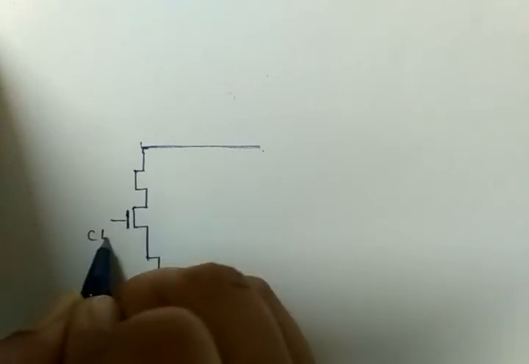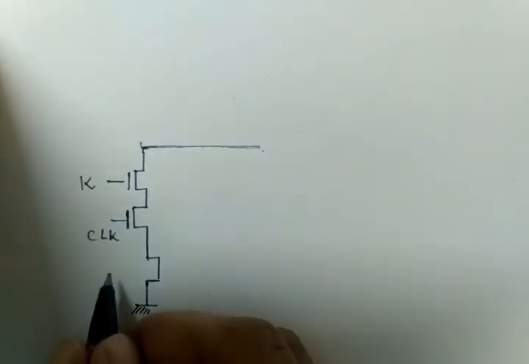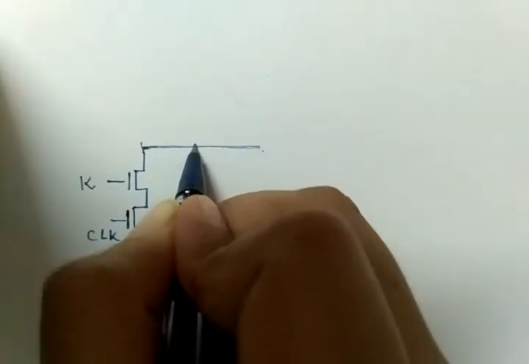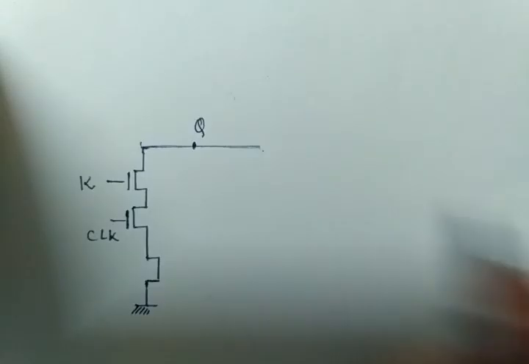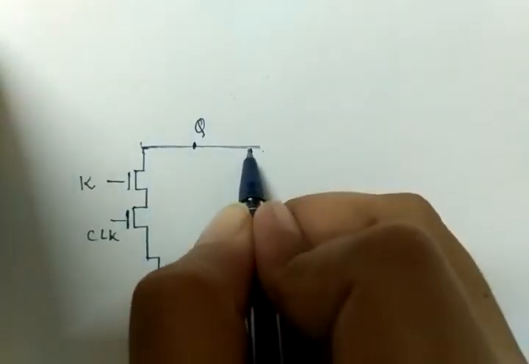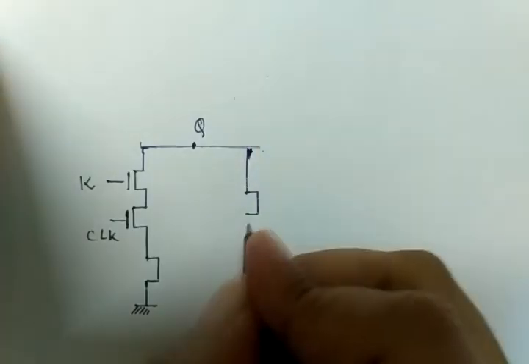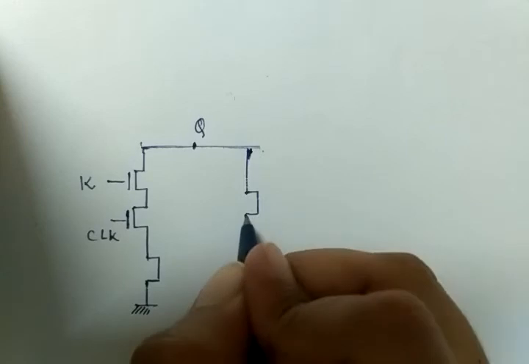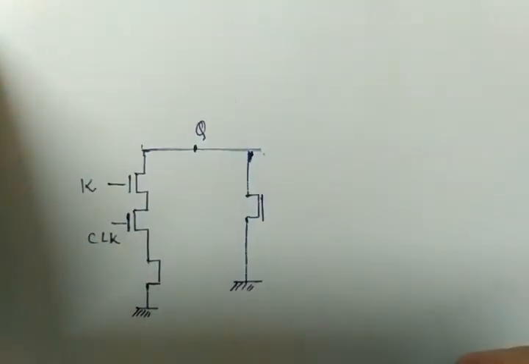Here I am putting the node names. This is for K and this is for clock. The output will be Q, and the other part will come from this section. For Q bar, I am drawing one NMOS.